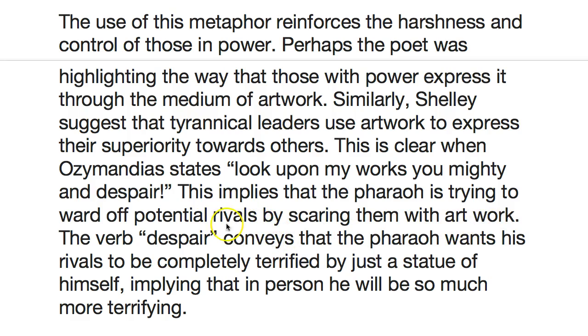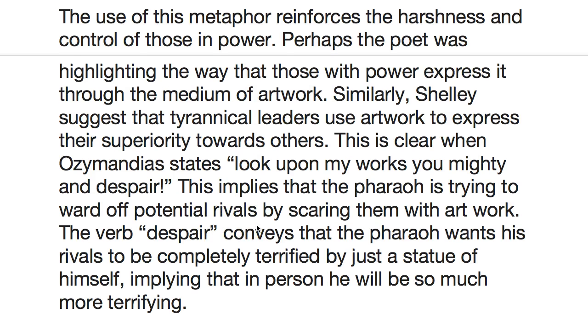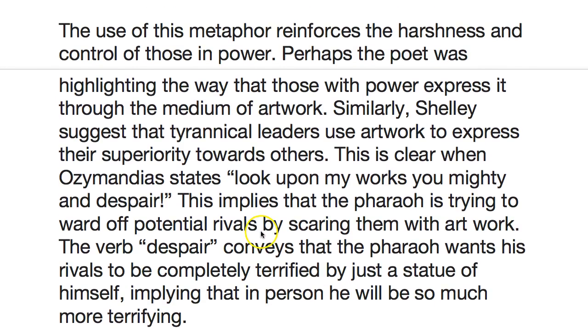The idea of warding off potential rivals is a pretty good one, because we've got this image of the statue out in the desert. Maybe it's placed there in a remote place to actually show potential invaders what they'd be coming up against. But that isn't fully explained here. It's hinted at again.